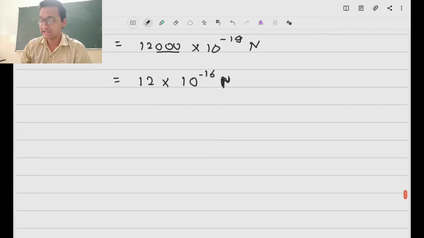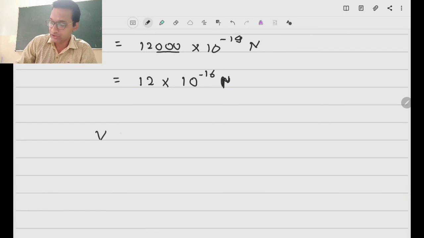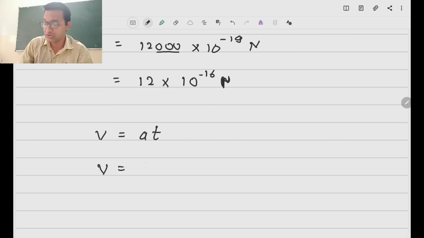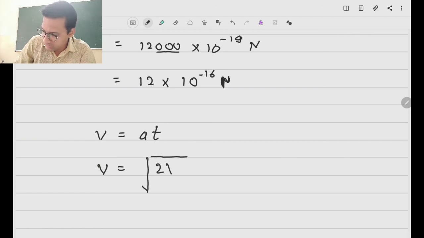Now from this we can easily calculate the velocity also, as we know that velocity is equal to u plus a into t, the velocity that it will acquire. Now u is going to be 0, so a into t, but we don't have the time, so we cannot use this, or we can use formula for velocity as we have derived, square root of 2 into potential difference into charge divided by the mass.